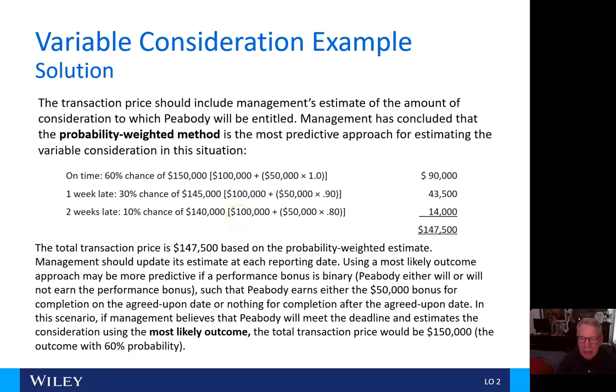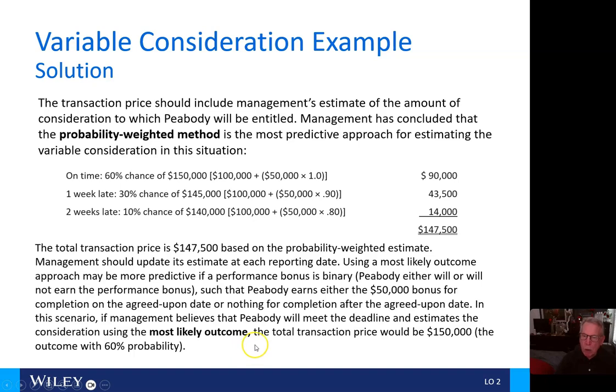Using a most likely outcome approach may be more predictive if a performance bonus is binary, and that is whether Peabody either will or will not earn the performance bonus, such that Peabody earns either the $50,000 or nothing at the agreed upon date.